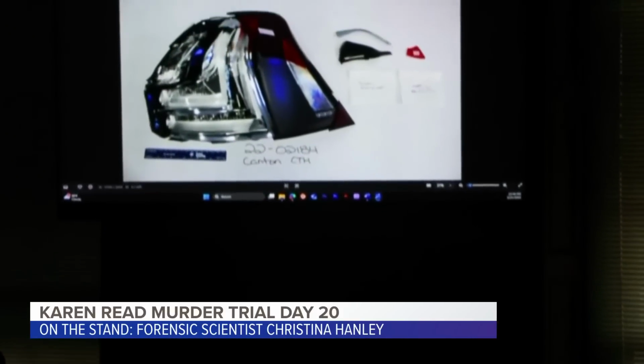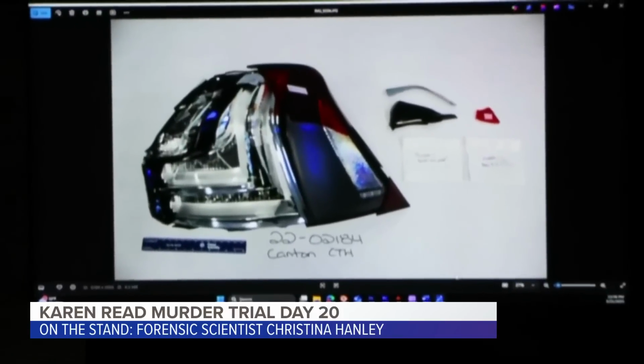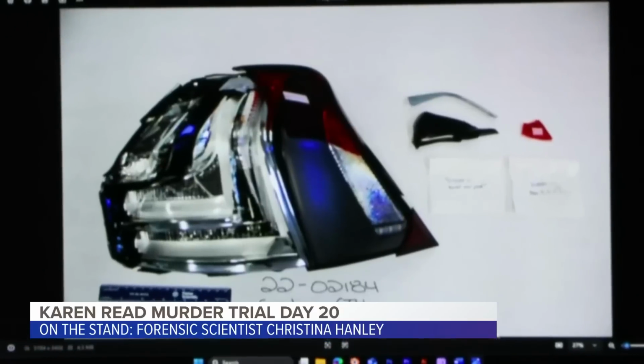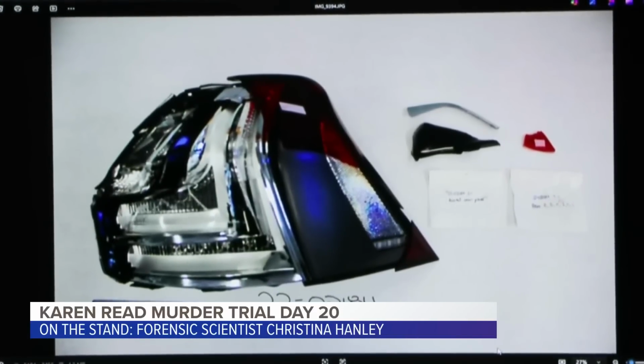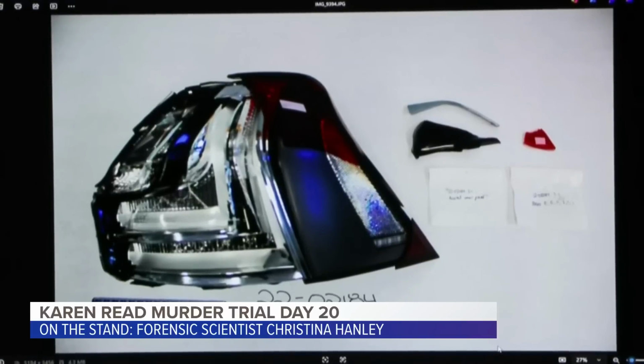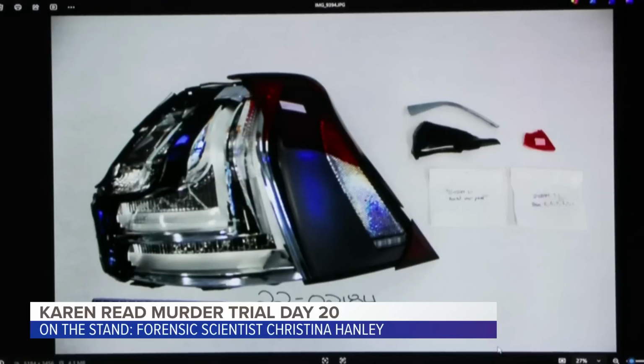Ms. Hanley, do you recognize what's up on the screen as Exhibit 200? Yes, I do. And what do you recognize it to be? This is the photo that I took of item 3-1. And is that a fair and accurate portrayal of what item 3-1, the taillight housing, looked like when you received it? Yes. As far as any comparative analysis that you did with any other item, what part of this taillight housing were you comparing to that other item?